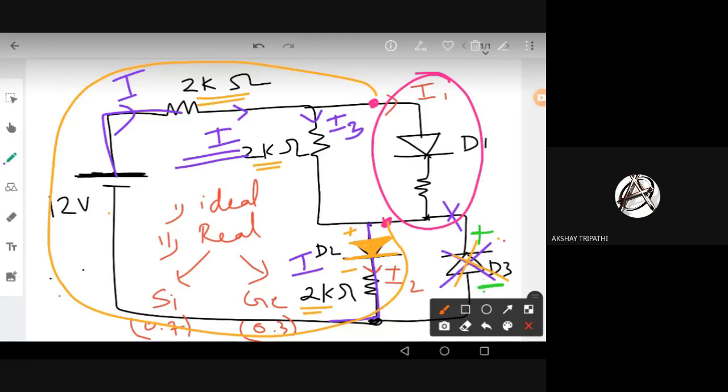So I'll try to understand the circuit. This resistance I am not given a value. It will also be 2 kilo, that's it, 2 kilo.